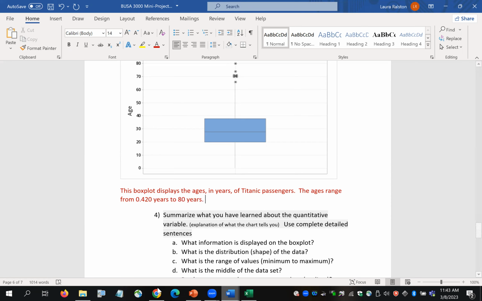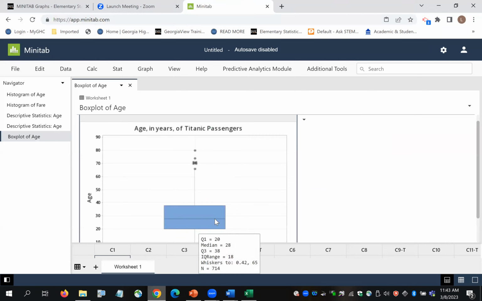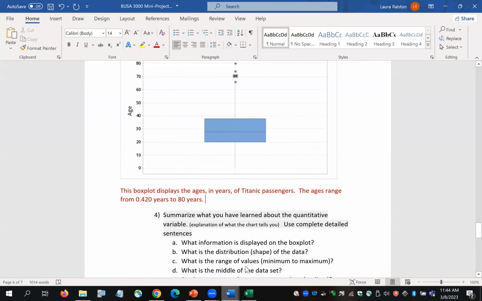Now, again, think about how I got that number. My lower whisker goes to 0.42. The last value displayed on the graph at that last outlier is 80. So I know that they range from that value.